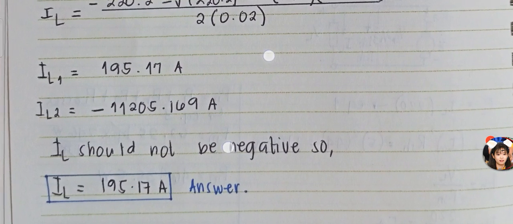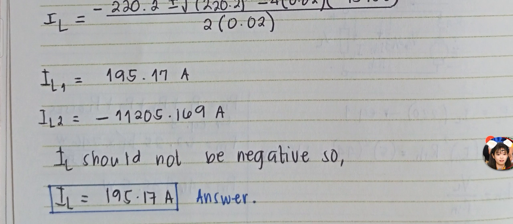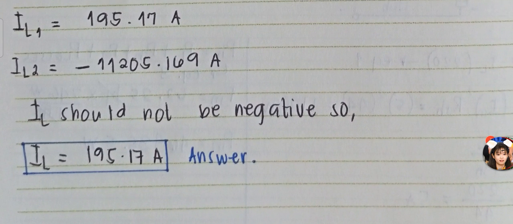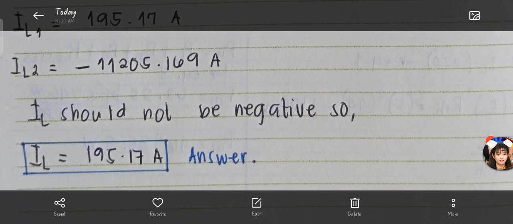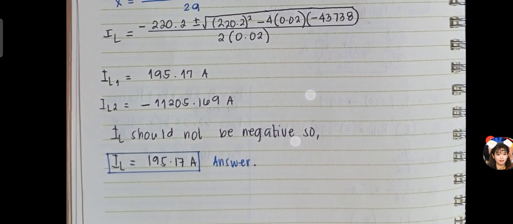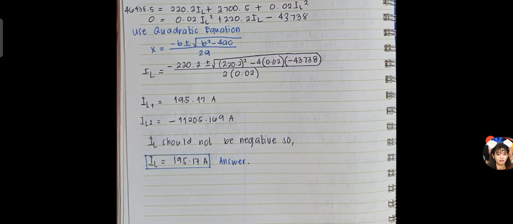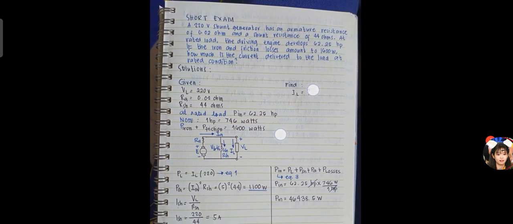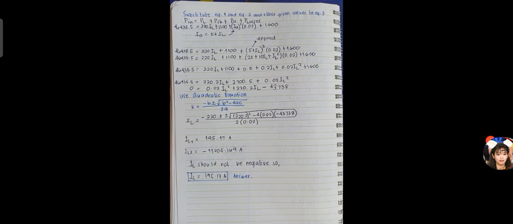We choose the positive since IL shouldn't be negative. So we conclude that IL is equal to 195.17 amperes. This is the current delivered to the load at this condition. So we now have the value of our IL.